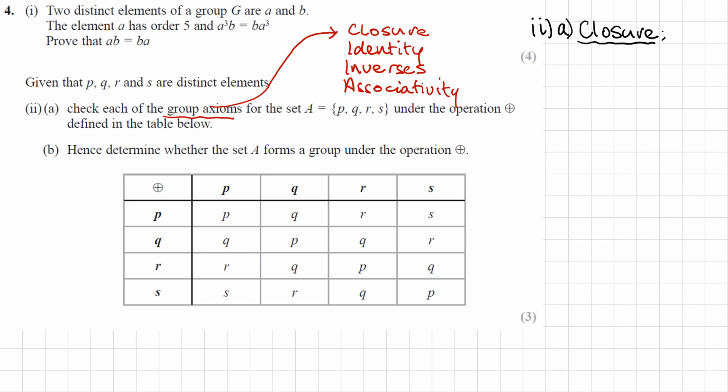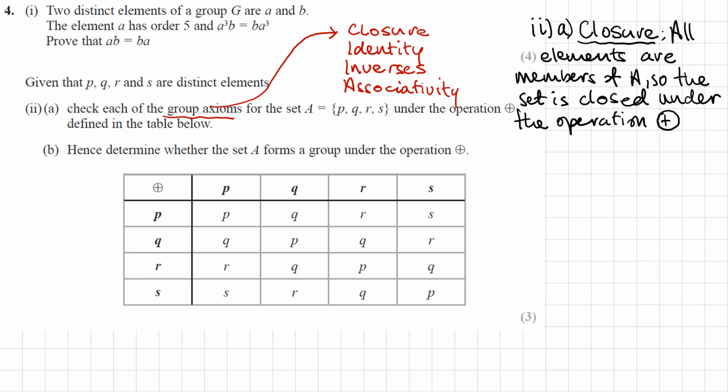So let's start with closure. Now all of the elements in the table are members of the set A, so the set is closed under this operation. So we can tick off the first one, it satisfies the first axiom. So the second one we need to look for is identity.